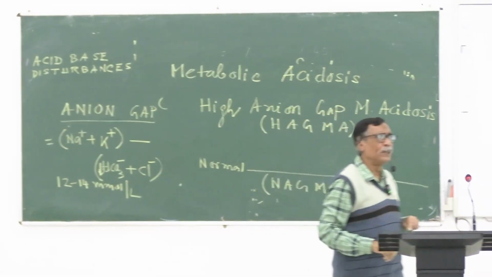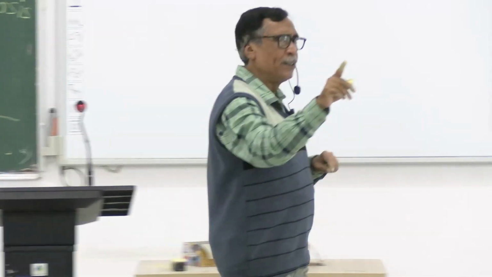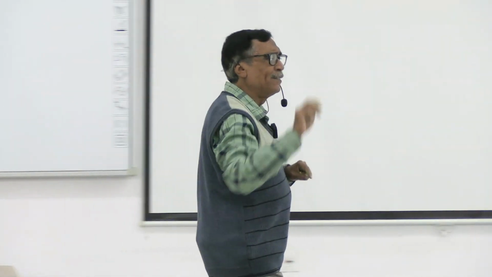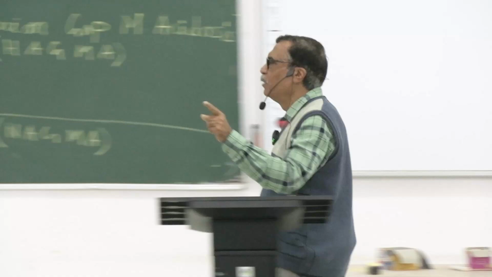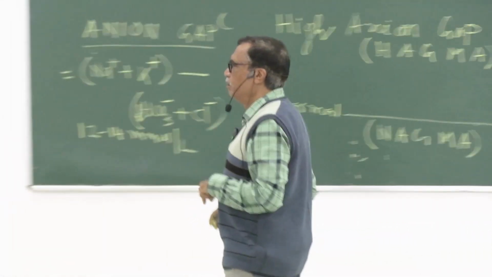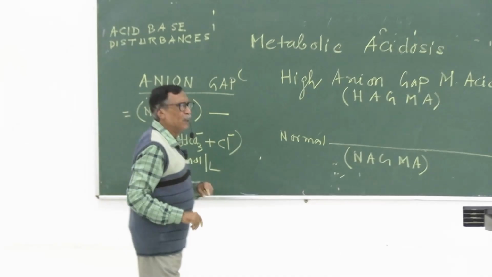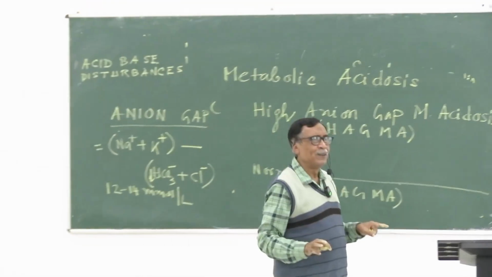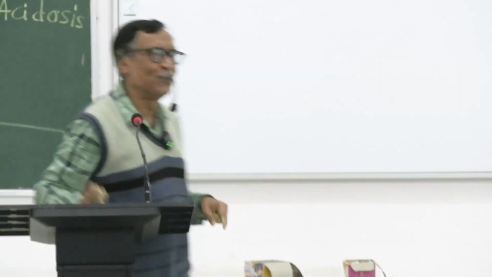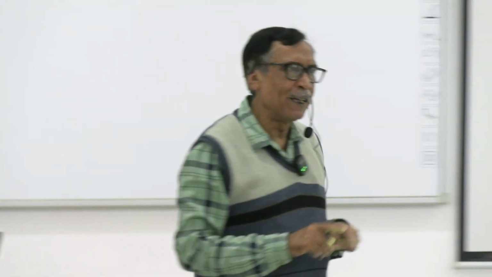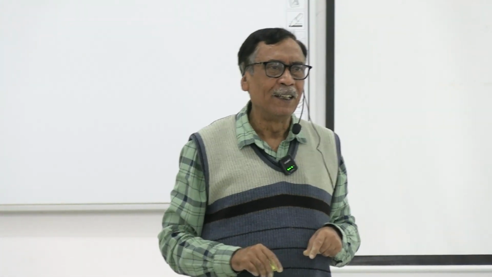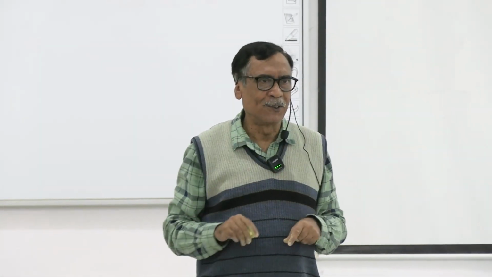This occurs in prolonged diarrhea, and this occurs in renal tubular acidosis. The last two examples I gave are examples of normal anion gap metabolic acidosis. Because in diarrhea, not only bicarbonate is lost, but also sodium and potassium are lost.